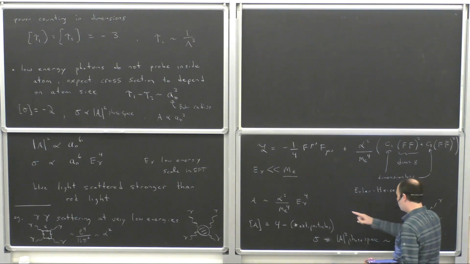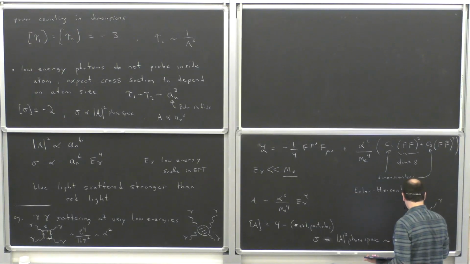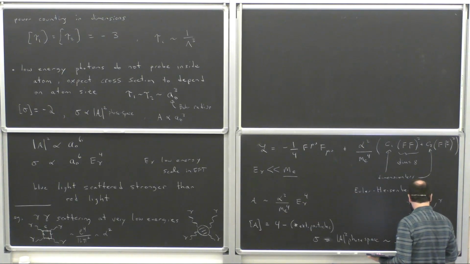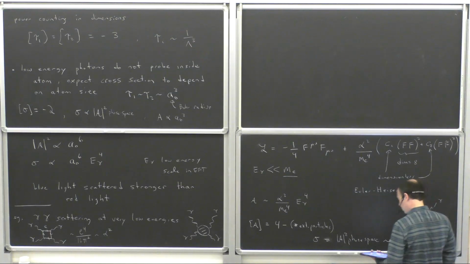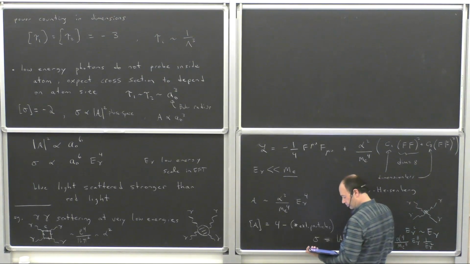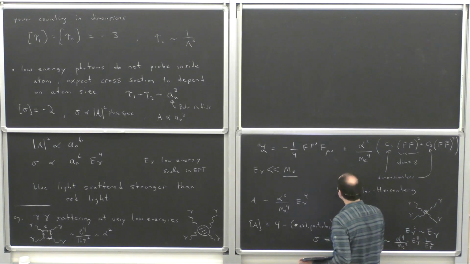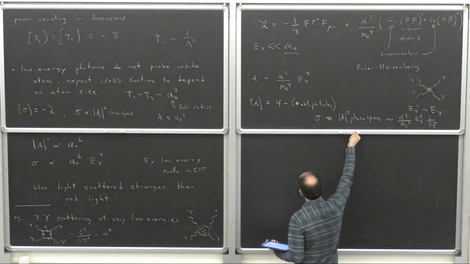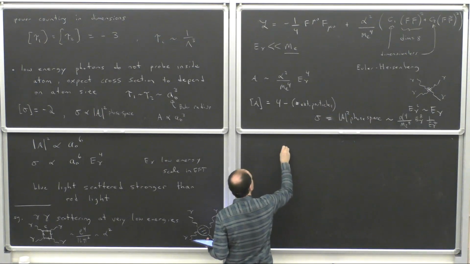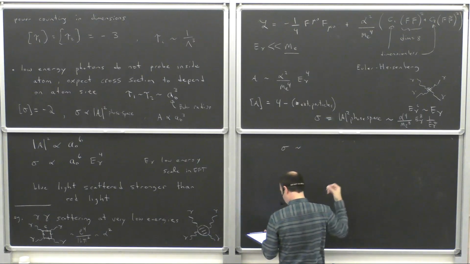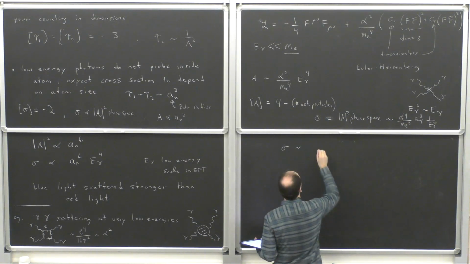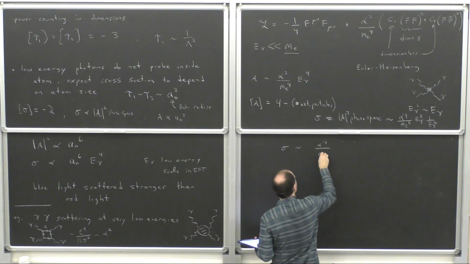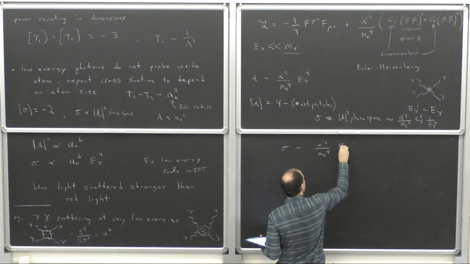I get an E gamma to the 8, but the cross-section has to have dimension of -2, so I need an E gamma squared downstairs from the phase space. So putting things together, I have alpha to the 4, me to the 8, E gamma to the 6.